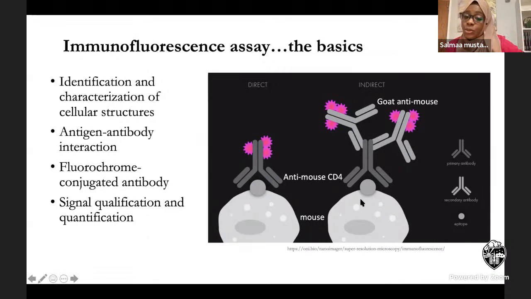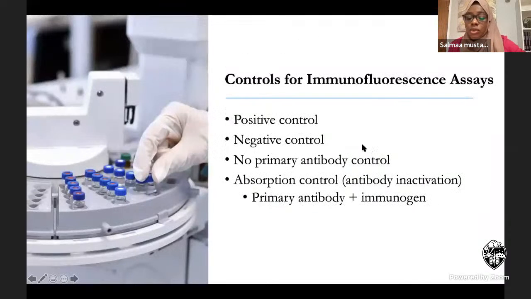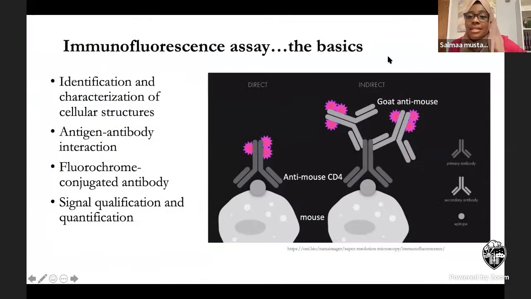But I have good experience with the indirect method in the amplification of my signals. In terms of specificity, if you use goat anti-mouse, it means that it would recognize only mouse antibodies.